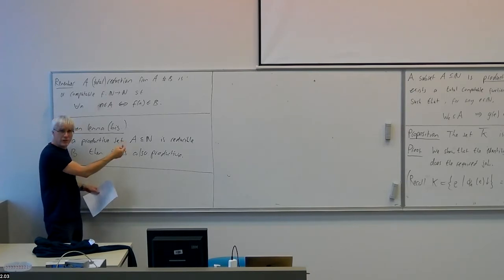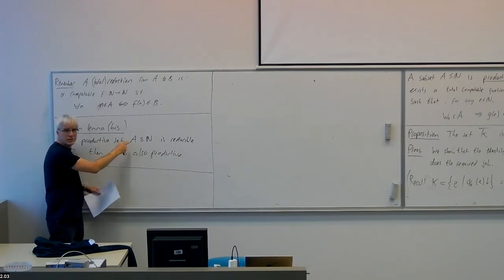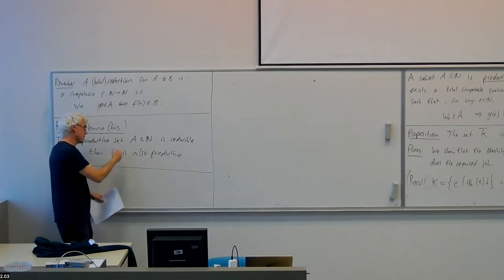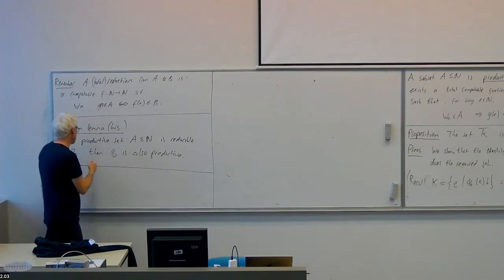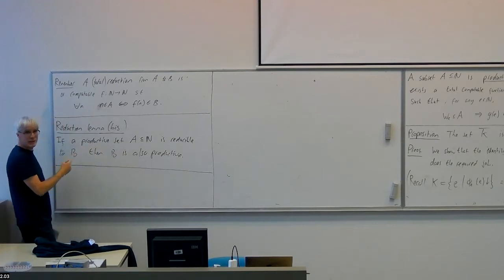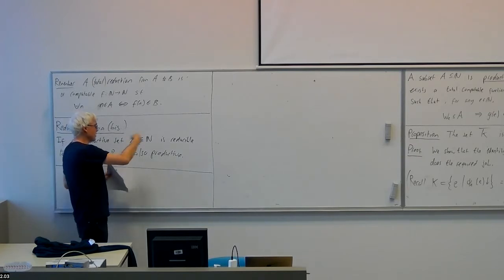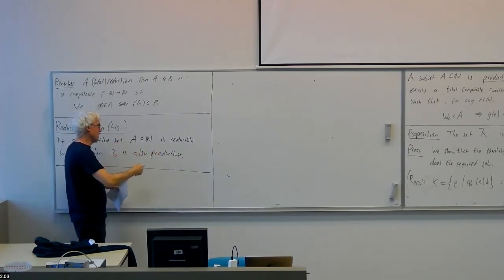So the contrapositive is that if you've got a reduction from A to B, if A is not computably enumerable, then B is not computably enumerable. And that's the statement that's related to this, because productivity is a strengthening of being not computably enumerable. So having a reduction preserves non-computable enumerability in the forward direction from A to B.